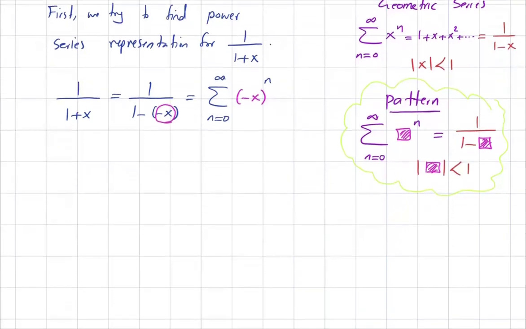You can rewrite this as well. So 1 divided by 1 plus x can be written as the summation of negative 1 to the power n, x to the power n, from 0 to infinity. So I found a power series representation for 1 divided by 1 plus x.